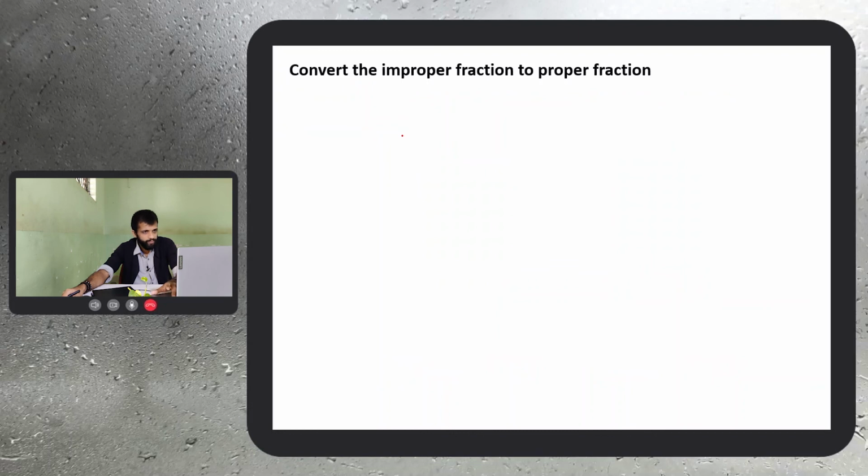Okay, so next one, converting mixed fractions into improper fractions. So how do I do this? Now here there's one number.